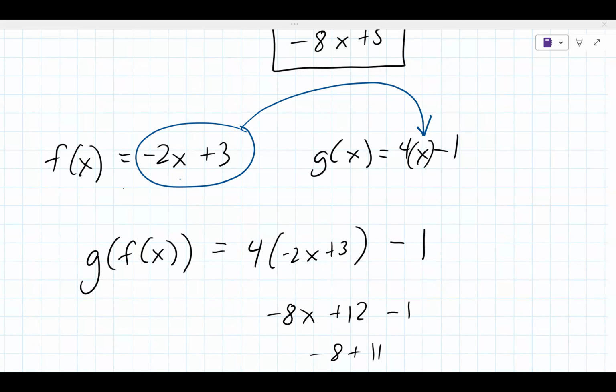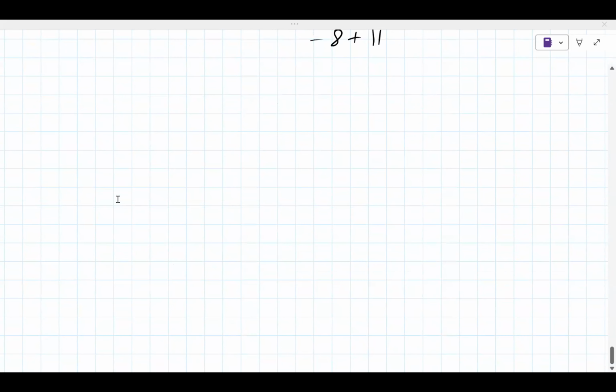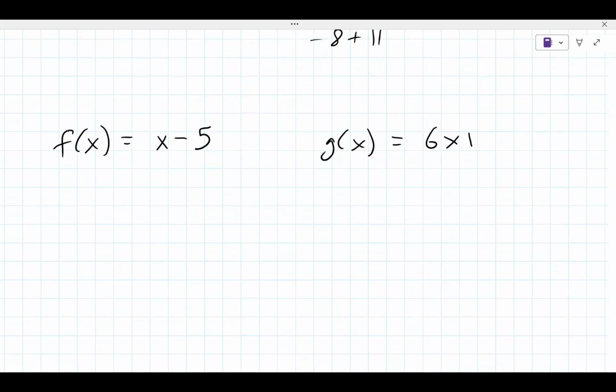Okay, so let's have you try one or two on your own here. Let's say f of x is x minus 5 and g of x is 6x plus 2. Go ahead and find f of g of x for me, please. So that means I'm going to multiply... it's going to be 6x plus 12 in parentheses minus 5.